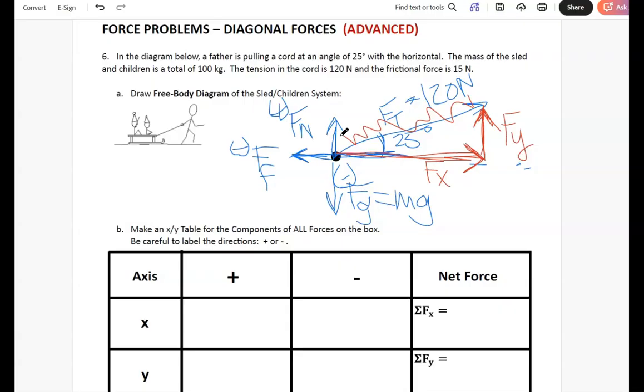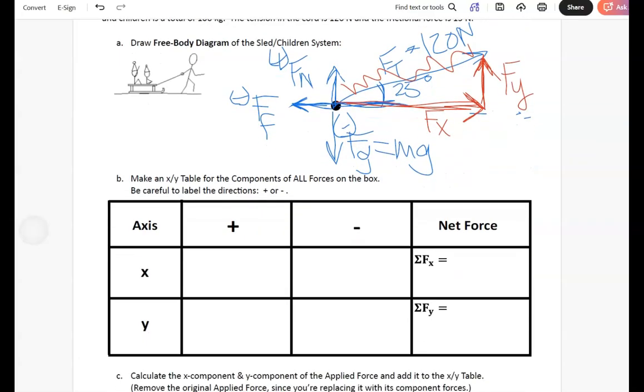And now all of our forces in our free body diagram are either perfectly vertical, either up or down, or perfectly horizontal, either to the right or to the left. And now we can actually start our analysis. So looking at our XY table, we begin to fill in items. In the X orientation, horizontal orientation, we have to the right, which is positive, and we have to the left, which is negative.